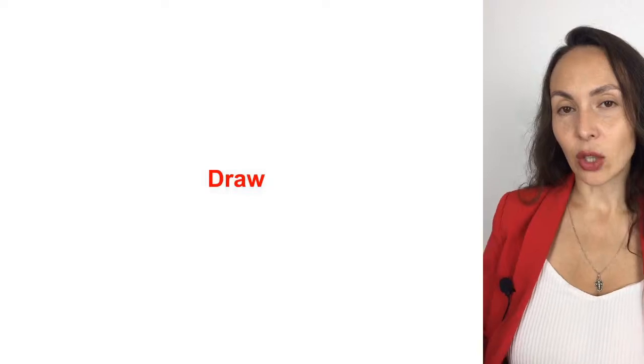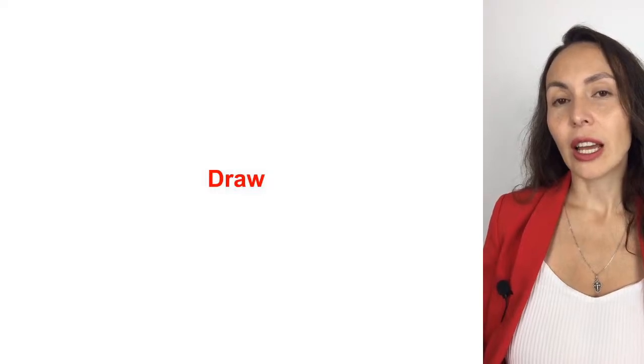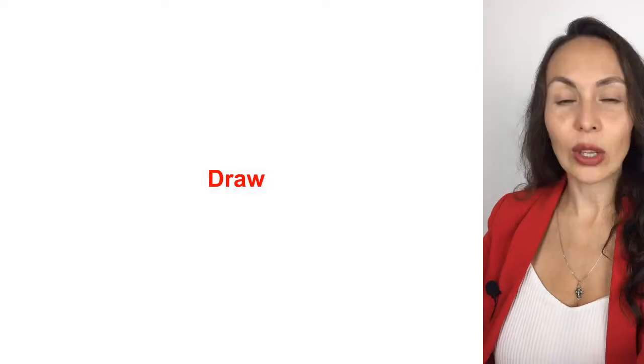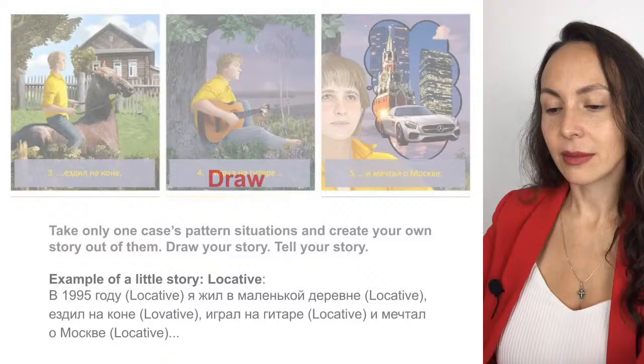You start slowly, but then you will do it faster and faster, and that's how you get fluent with the cases. You need to draw a picture. You need to think, where is the cat? The cat is in the sink. If you can draw the sink and inside it a cat, then it's locative.